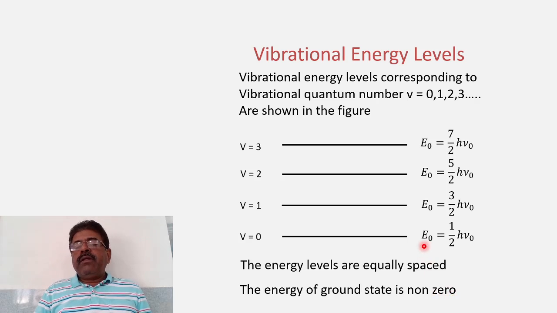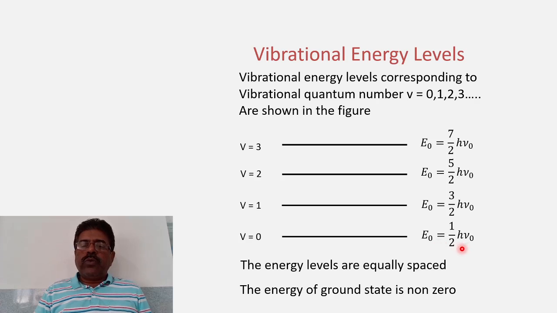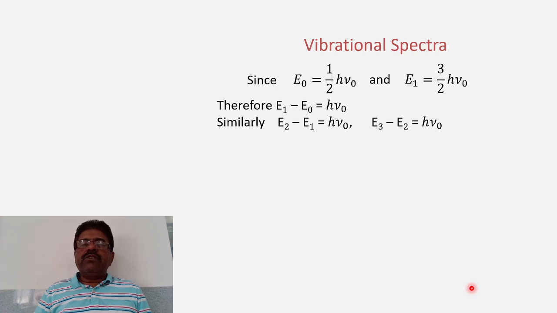But here the vibrational energy for the ground state of a diatomic molecule, E0, is non-zero. So the energy of the ground state is non-zero, and you can see further the energy levels are quantized here. So these are the main features you can see about the vibrational energy levels of a diatomic molecule.